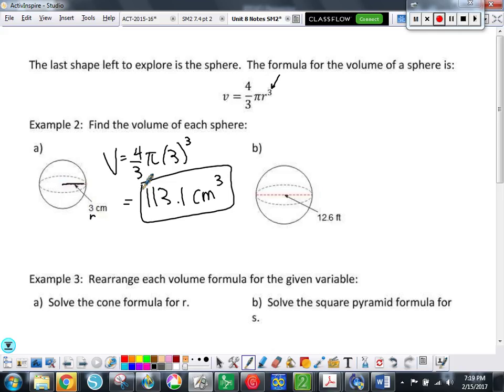On part B, this gives us the entire diameter, and the diameter compared to the radius is twice as big. So if I want my radius, divide that by 2. R is 6.3. So plug this guy in. Volume equals 4/3 pi times 6.3 cubed.